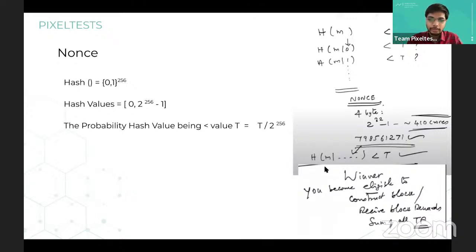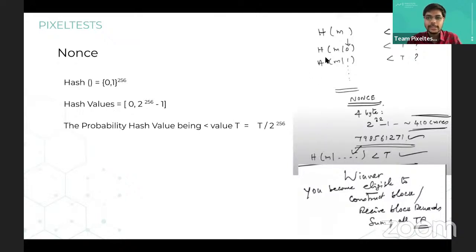The hash of those transactions concatenated with that number, the nonce, if it is less than the threshold that is set, like we said five girls or 5 people earlier, similarly there is a threshold being set. If the whole hash value is less than that threshold, that particular number is called the nonce. The first person to achieve that is the winner, and then you become eligible to construct the block, receive block rewards, and the sum of all the transaction fees, right?